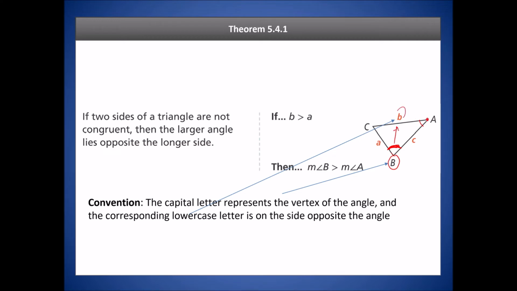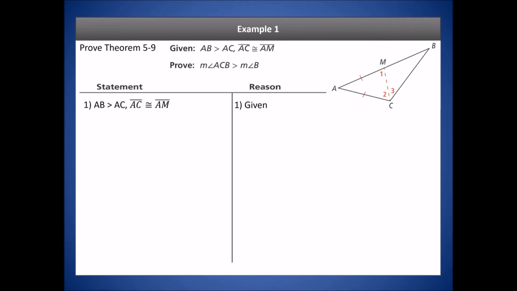For this vertex here, we have angle A, and opposite that angle is lowercase a. Because we know there's a relationship between the opposite side and the angle, we can use this convention. This is why we use the lowercase and uppercase versions on opposite sides of the triangle.